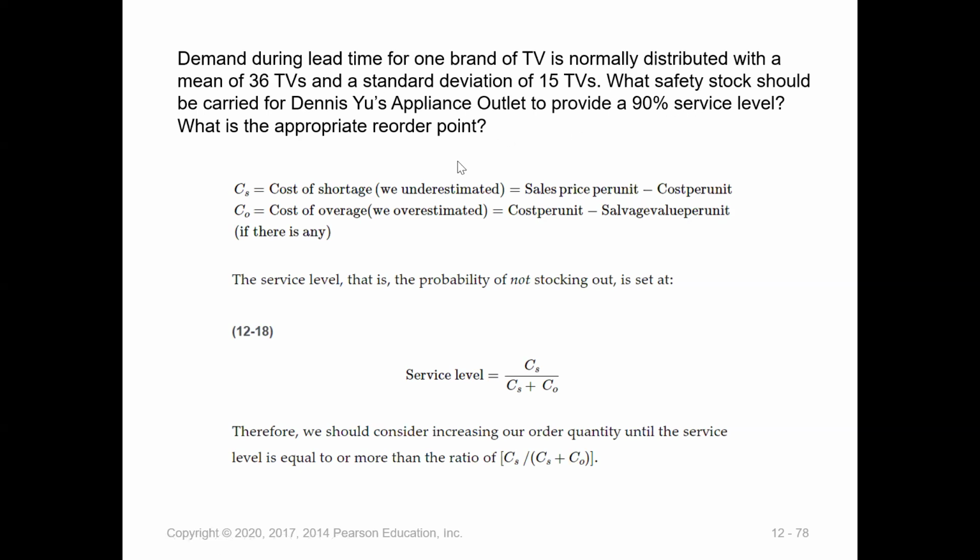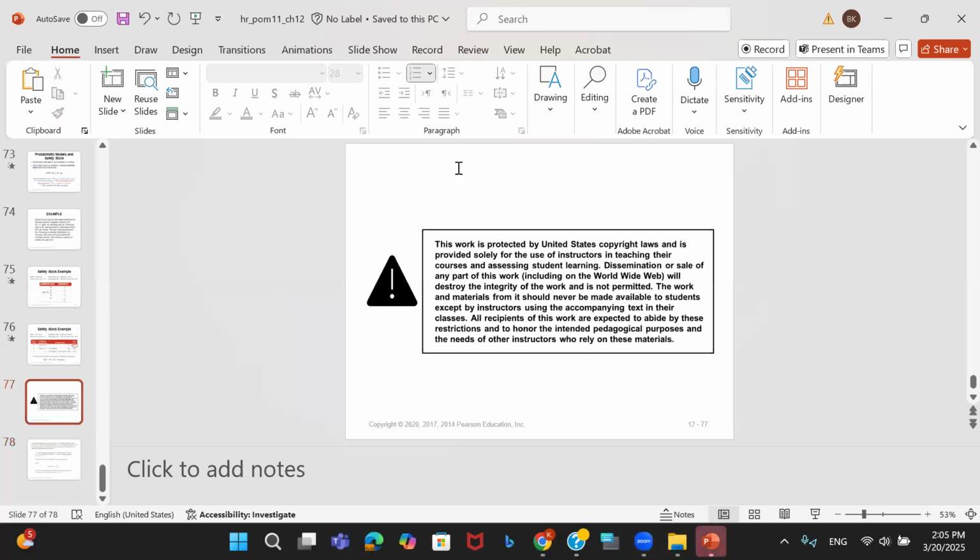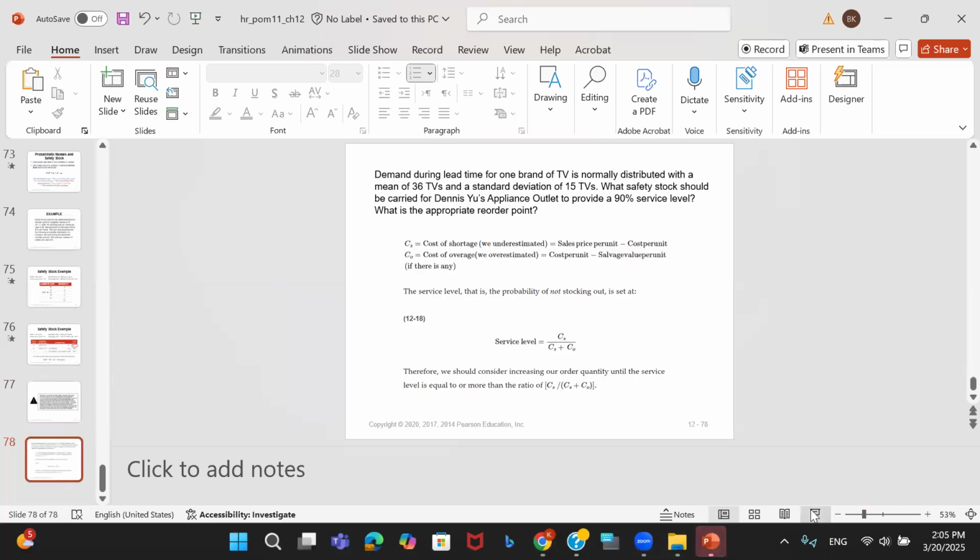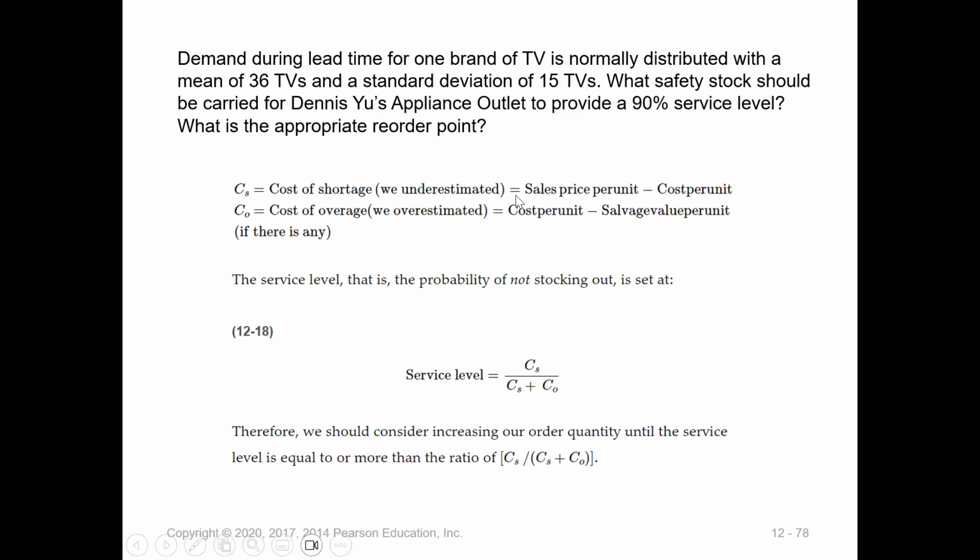What safety stock should be carried for Denise U appliances outlet to provide a 90% service level? What is the appropriate reorder point?